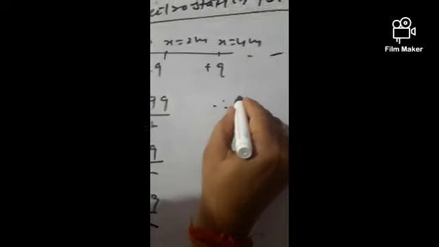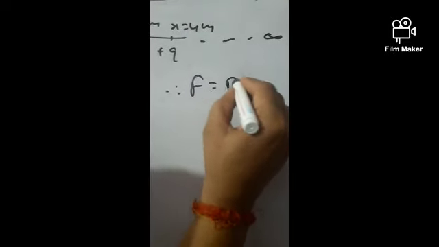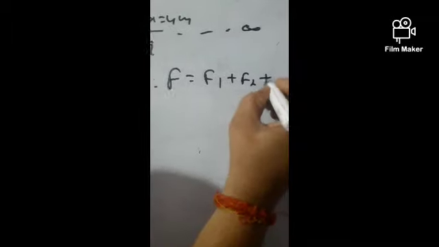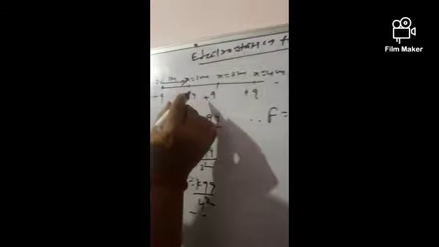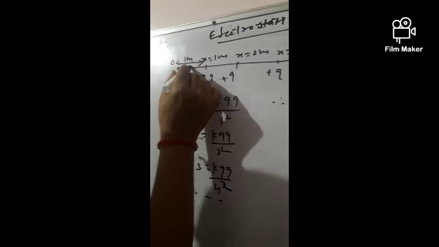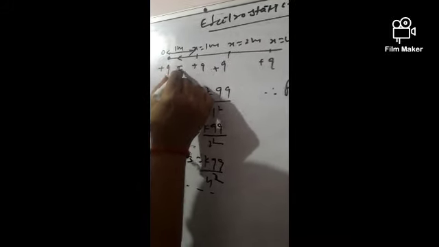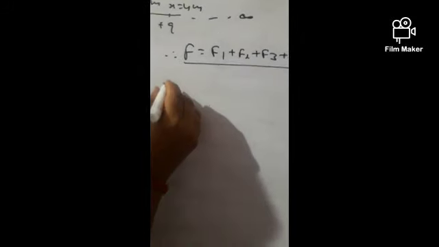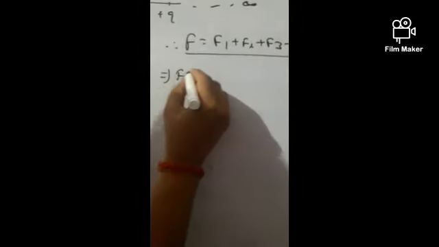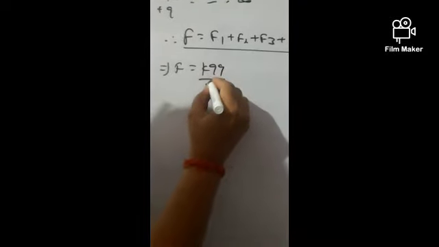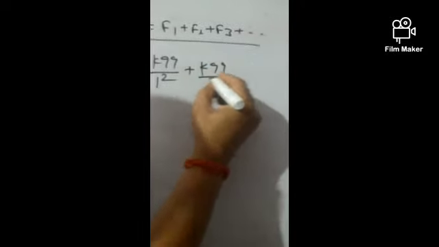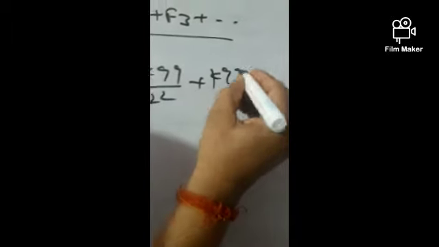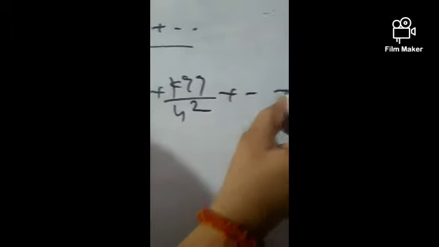Therefore net force F equal to F1 plus F2 plus F3 and so on. Since direction of all forces are same, therefore resultant F equal to F1 plus F2 plus F3 plus so on. That implies F equal to constant QQ upon 1 square plus constant QQ upon 2 square plus constant QQ upon 4 square plus so on.